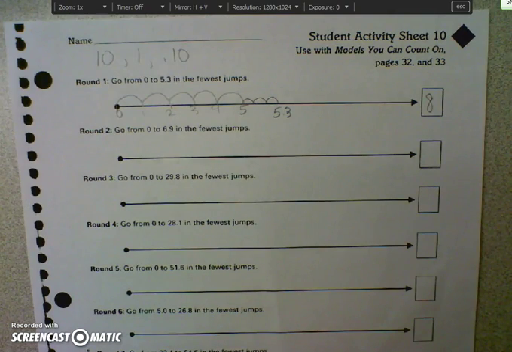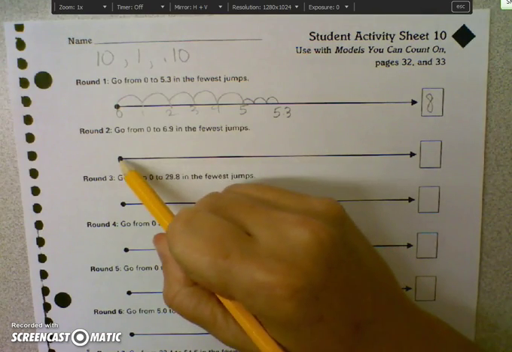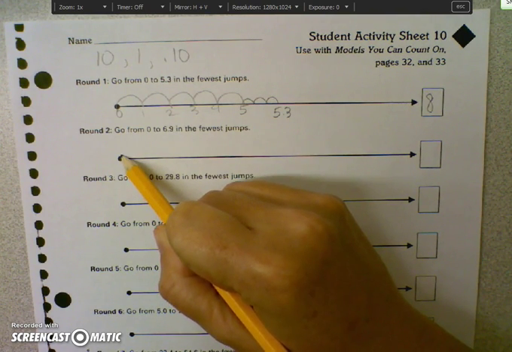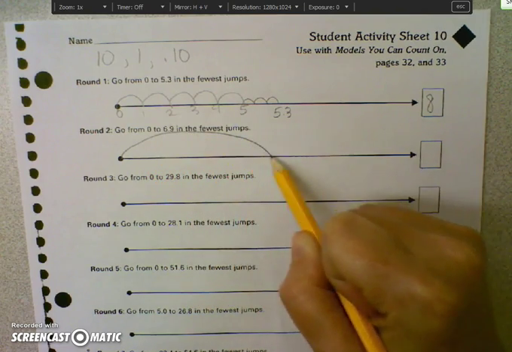For round 2, I had to go from 0 to 6.9 in the fewest jumps possible. So then for this one, I could jump forward to 10.